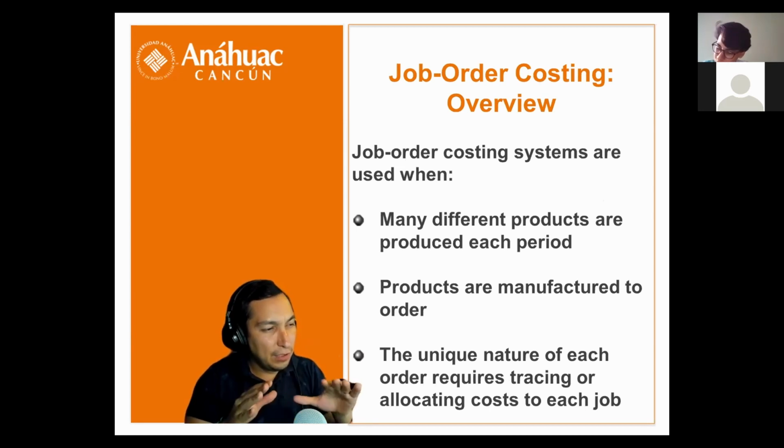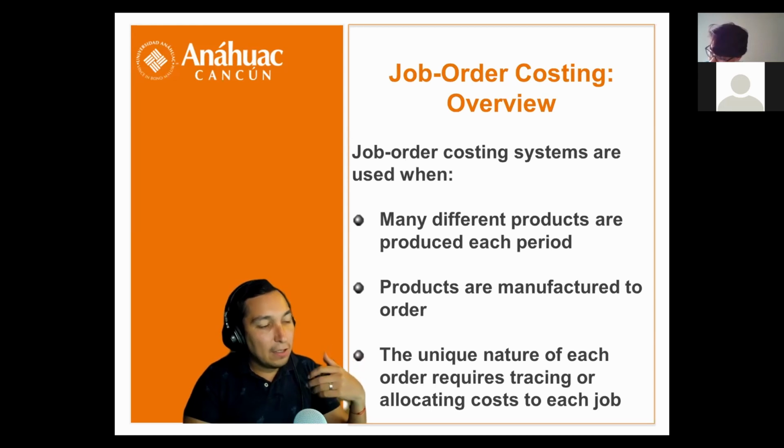But at the end, did you get the main point of the job order costing? The final result of this process is to have an approachable way to cost things, mainly because you have a fixed cost, or do you remember the manufacturing overhead, the MO?